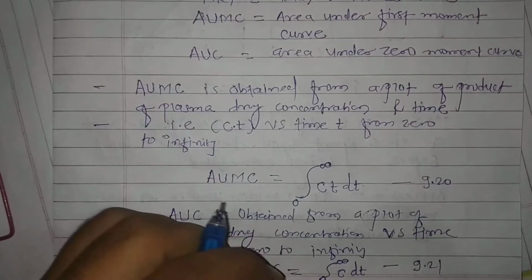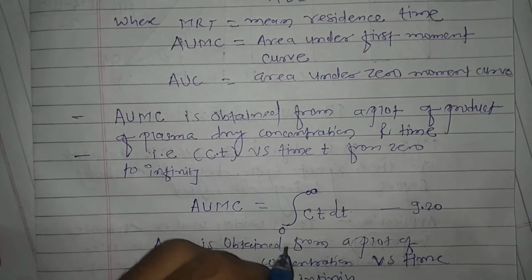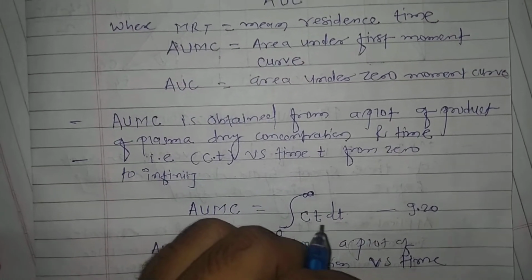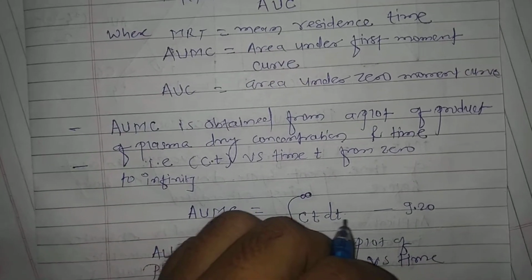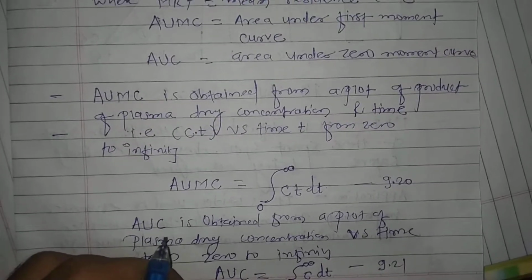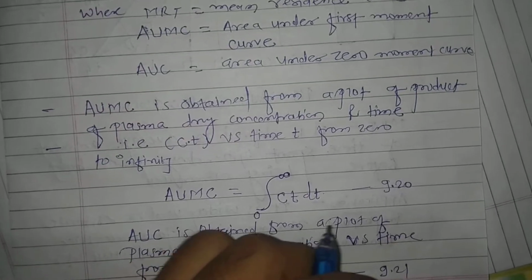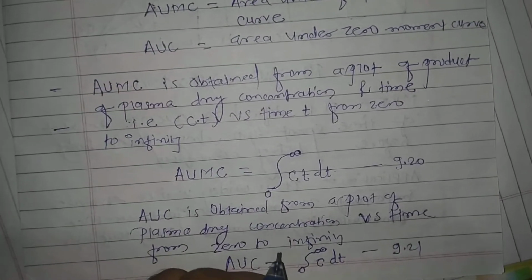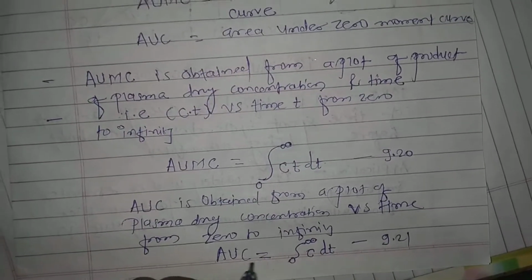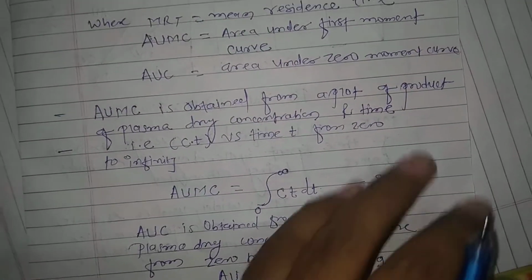Here we can see the area under the first moment curve from 0 to infinity, that is concentration and time versus time, equation number 9.20. The area under the zero moment curve is obtained from a plot of plasma drug concentration versus time from 0 to infinity, that is AUC equals integral from 0 to infinity of C dt, equation number 9.21.